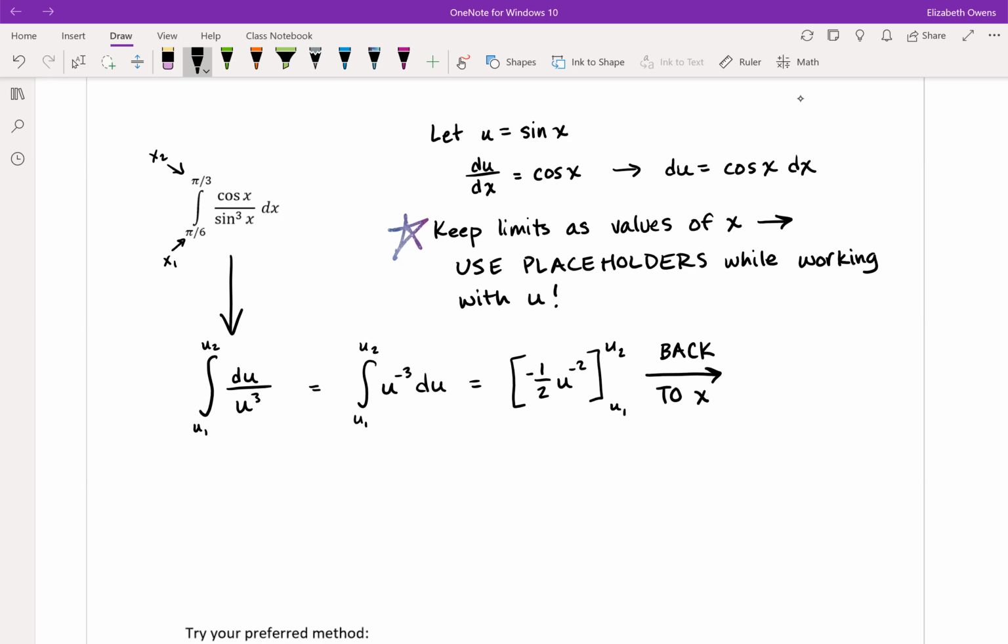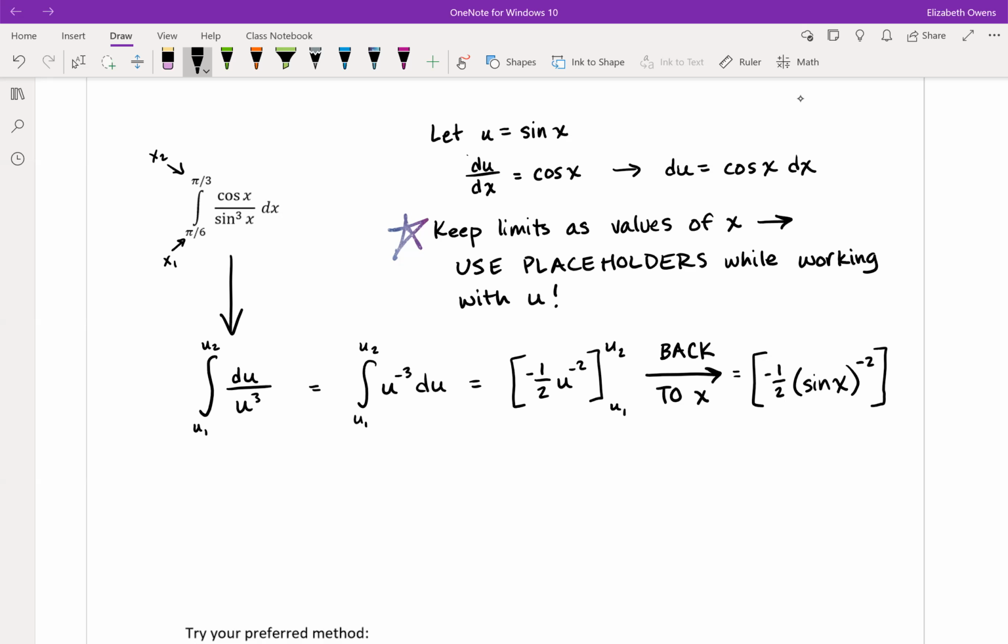And so this is going to equal, now we're going to put our u substitution back in. So u is sine x. We're going to put sine x right here to the -2 power, right in place of where u was. And now that things are back in terms of x, we've done our antiderivative, we put sine x back in there.